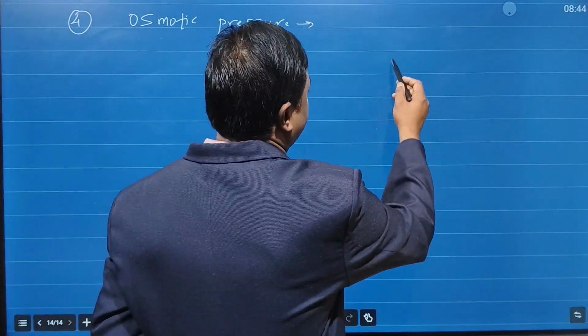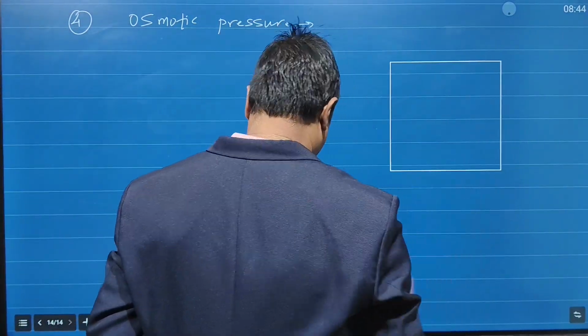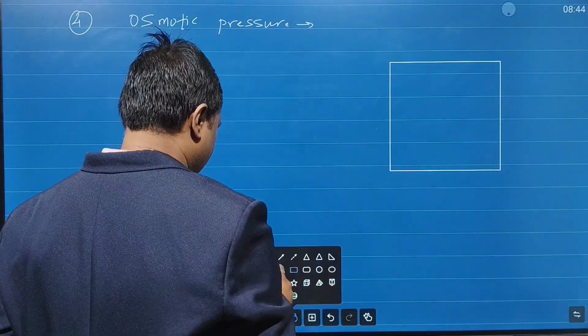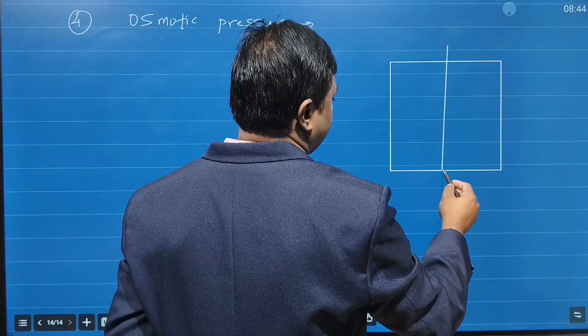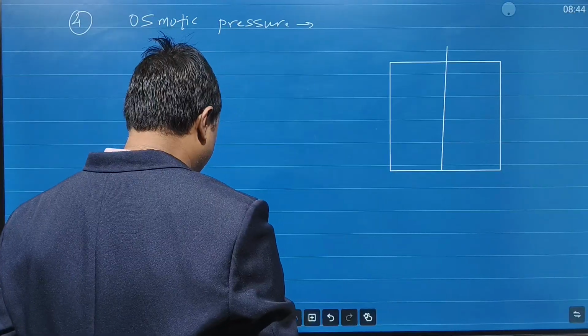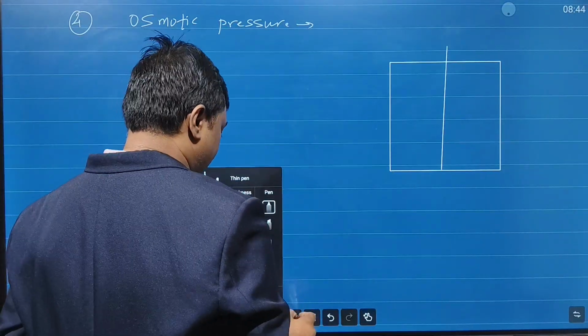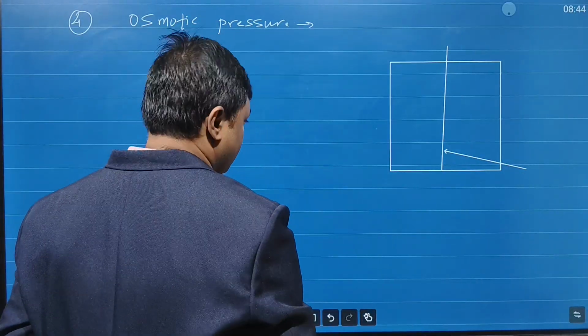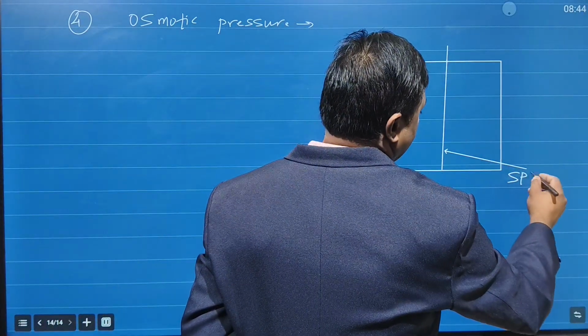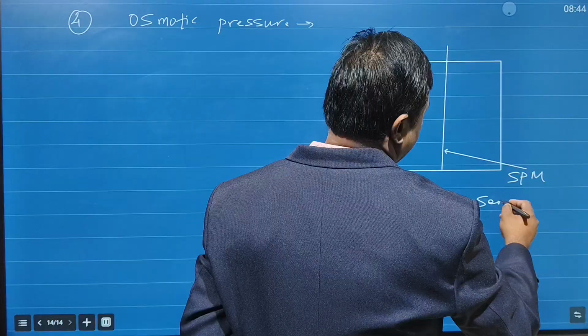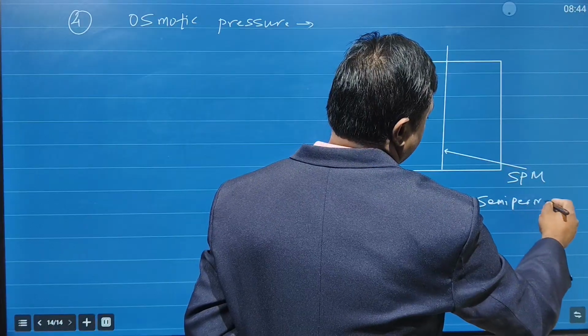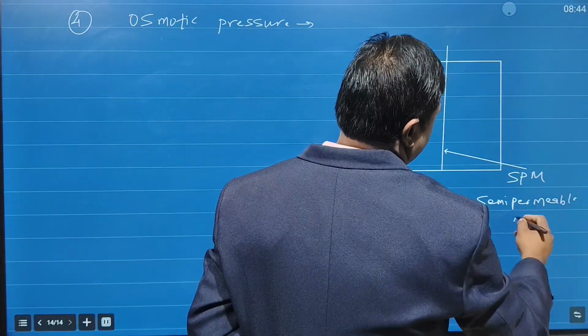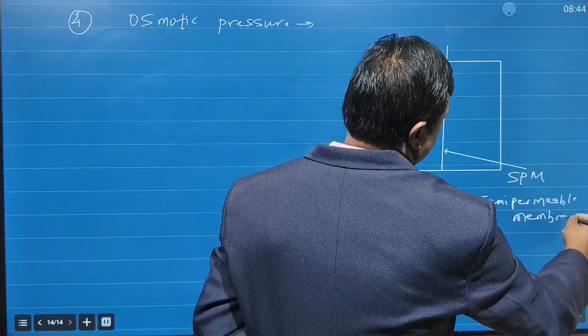So I am just making one arrangement. This is a container. Here a partition is there, which is separated by a semi-permeable membrane. A semi-permeable membrane is required for osmosis. This is SPM: semi-permeable membrane.